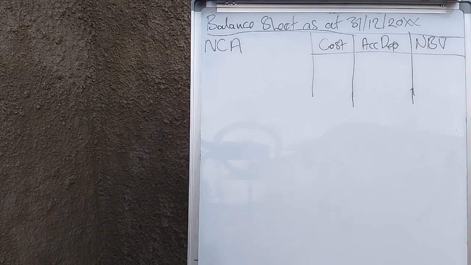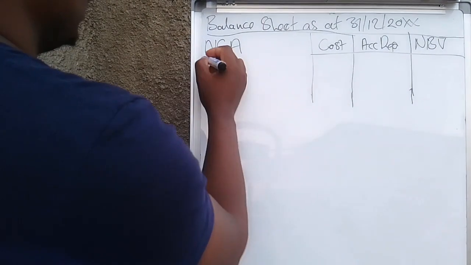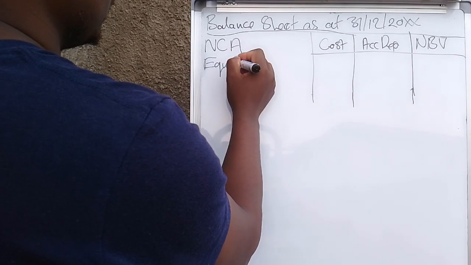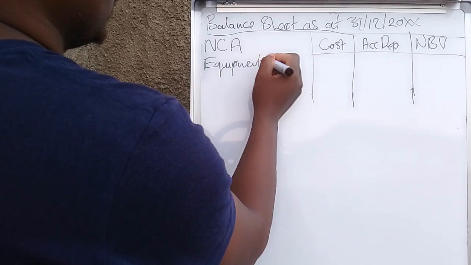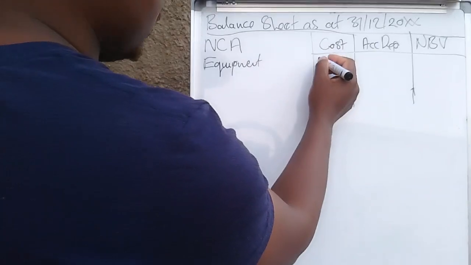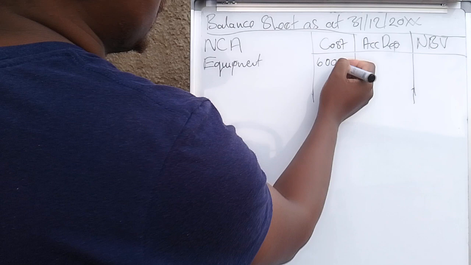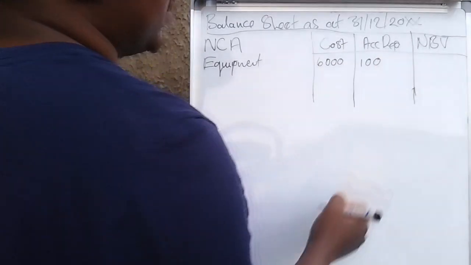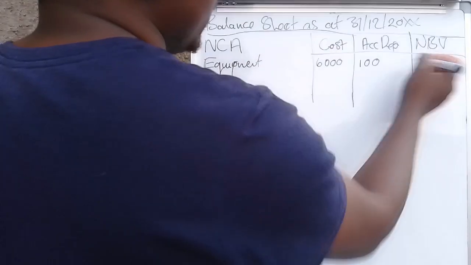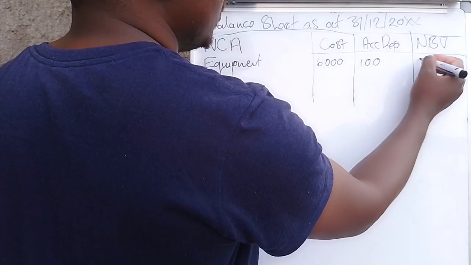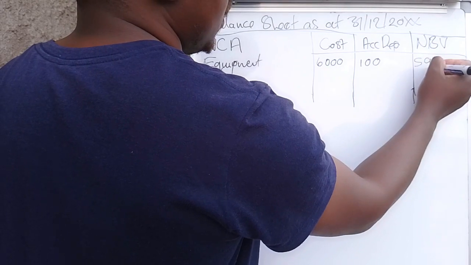We only have equipment. The cost of equipment was 6,000 and accumulated depreciation was 100, which means the net book value is 6,000 minus 100 to get 5,900.